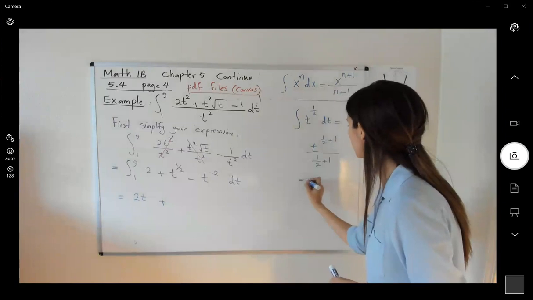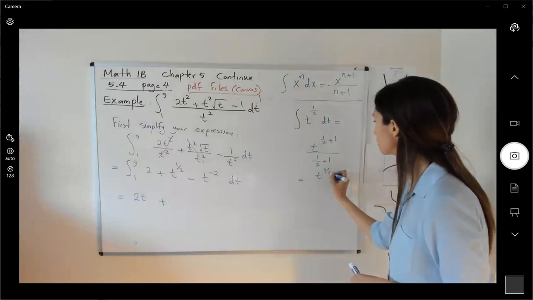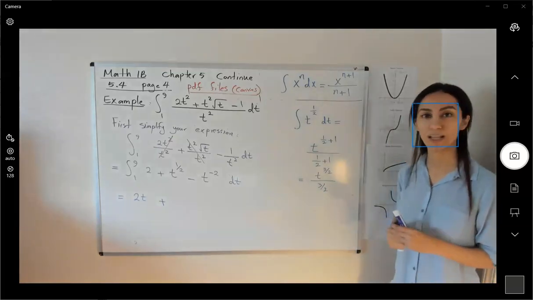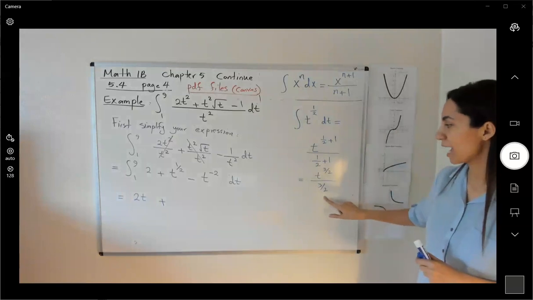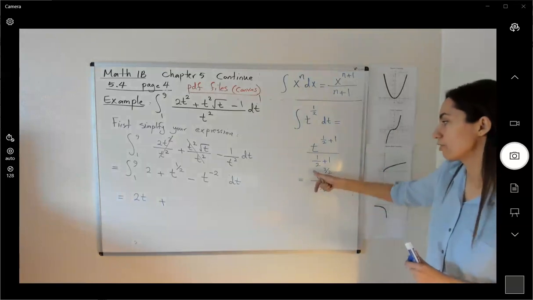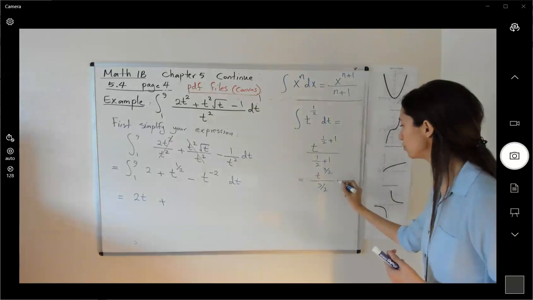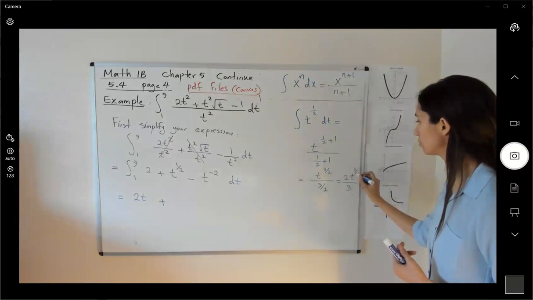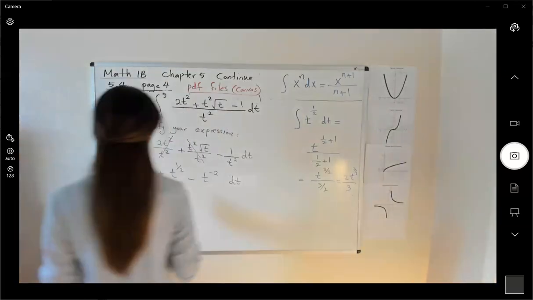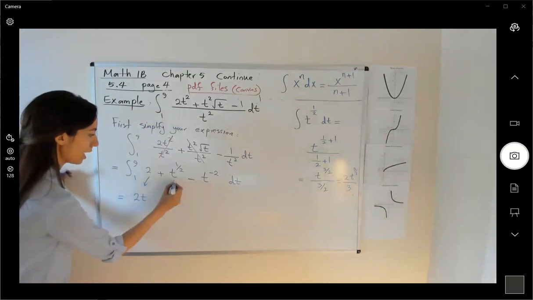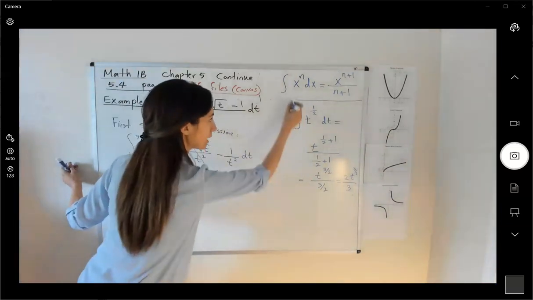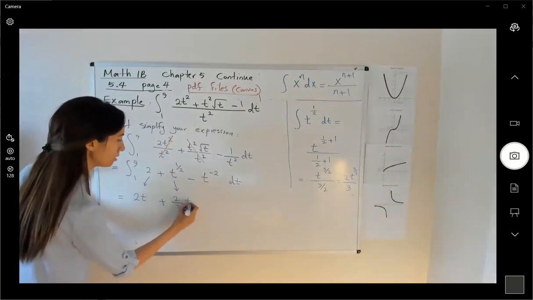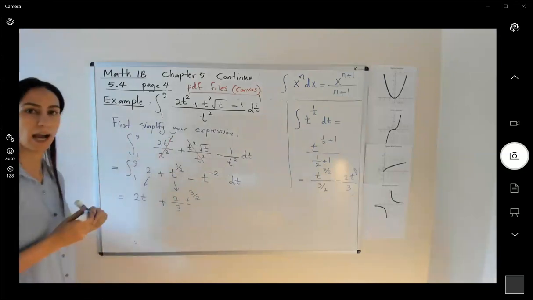So this is equal to t raised to 3 halves divided by 3 over 2. Well, you have 3 halves in the denominator. You can flip this and write it as 2 over 3 t raised to 3 halves. So this is 2t, and this guy, as we calculated on the other side of the board, is 2/3 t raised to 3 halves.